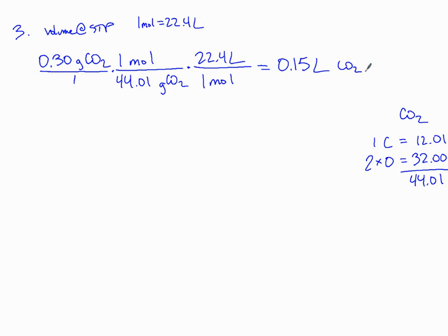And that's CO2. So I've got a note here, and we should write this down. Note, 22.4 liters only at STP. So our SO2 example that we just did, this wouldn't work.